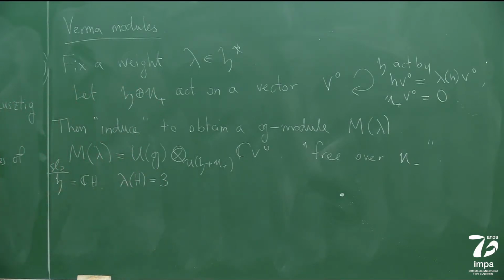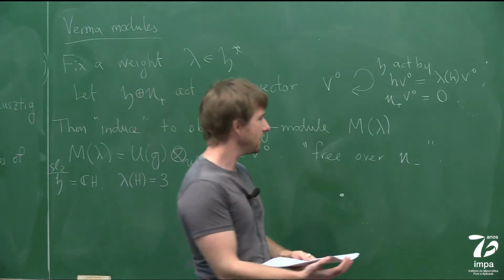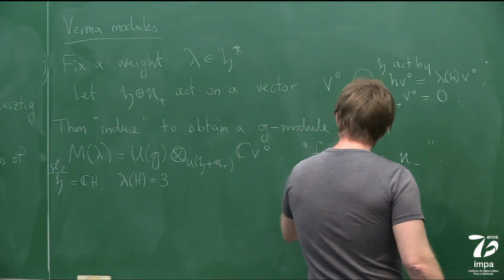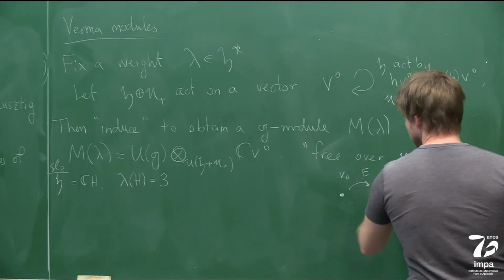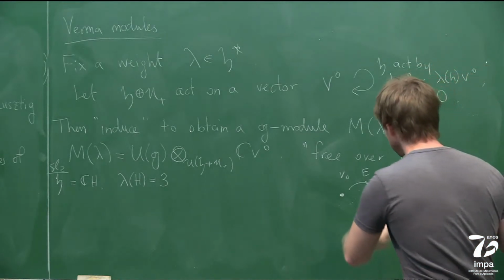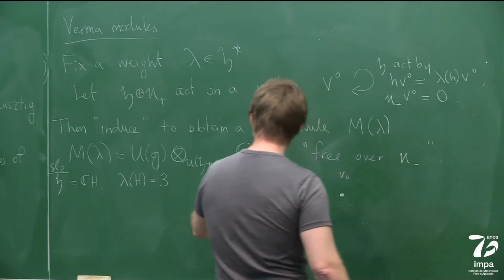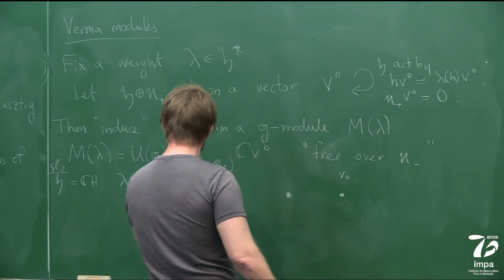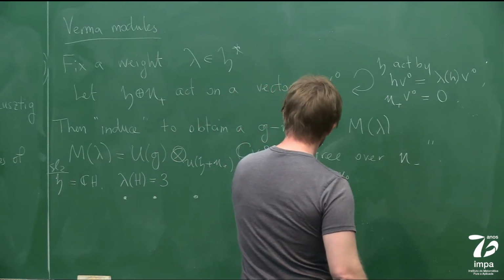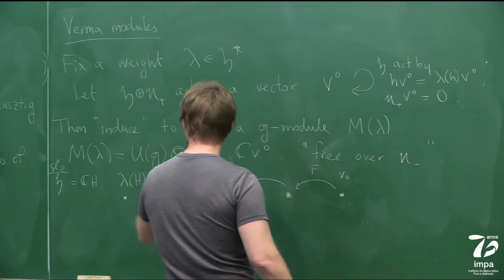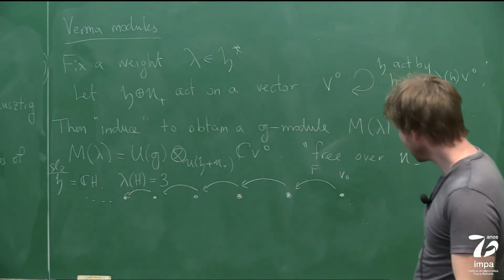We could take lambda to be a function which sends h to 3, for example, v0. And then if we try to apply e to v0, we'll get nothing by definition. But if, on the other hand, we apply f, we're going to get a string of vectors to go on forever in principle.